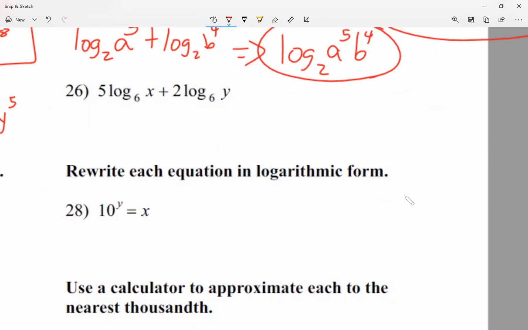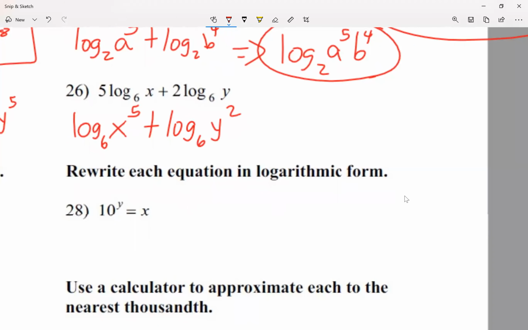Here, number 26. Let me write this as log base 6 of x to the 5th plus log base 6 of y to the 2nd. And I'm going to condense this to just one log base 6, but then I pay attention. There was a plus in between the logs, so when I condense it, it condenses to times.